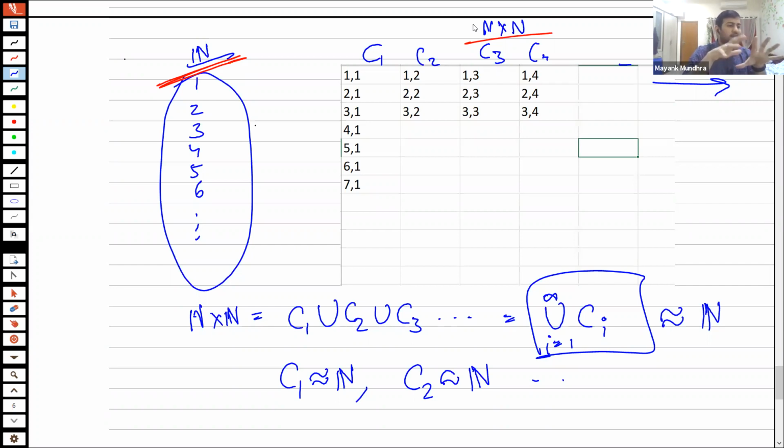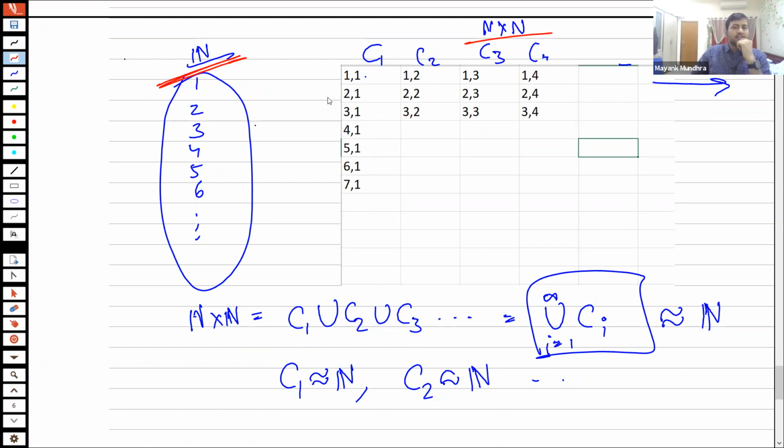When I'm ranking students in a class, rank 1, rank 2, rank 3, I'm constructing a mapping from the set of natural numbers to the set of students. So any ranking or ordering of elements is the construction of a one-to-one map from the set of natural numbers to any set. I want to construct a ranking system here, which becomes a one-to-one onto ranking system.